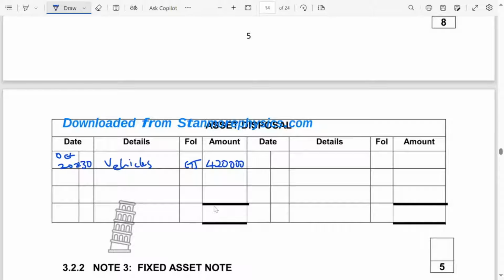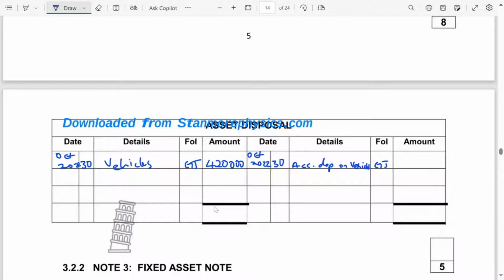Then on the credit side of the asset disposal, we must record the accumulated depreciation of the asset that is being sold. Okay? And then also on the credit side, we must write how the asset was disposed of.